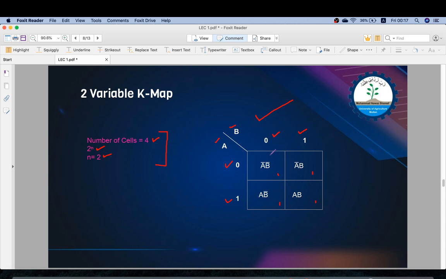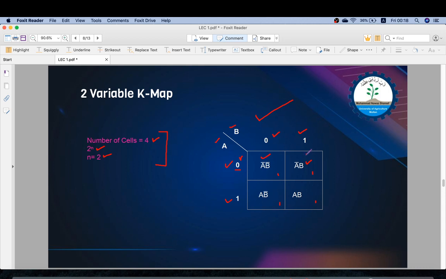Here we take 0 as a complement and 1 as the simple variable. Here both A and B are 0, so this cell is A complement B complement.